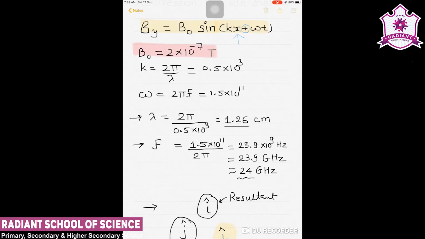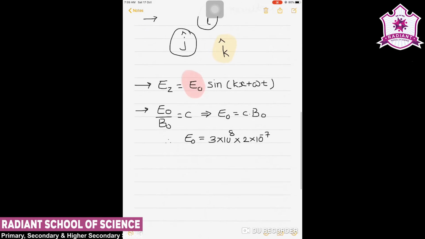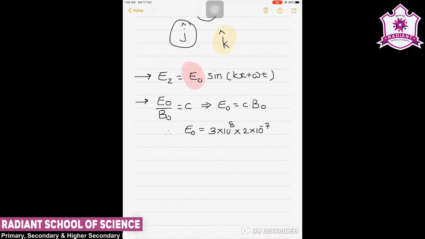Putting it in, we get the resultant value E0 equals 60 volt meter inverse.